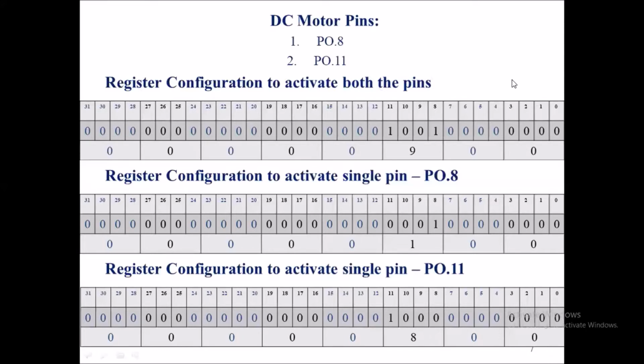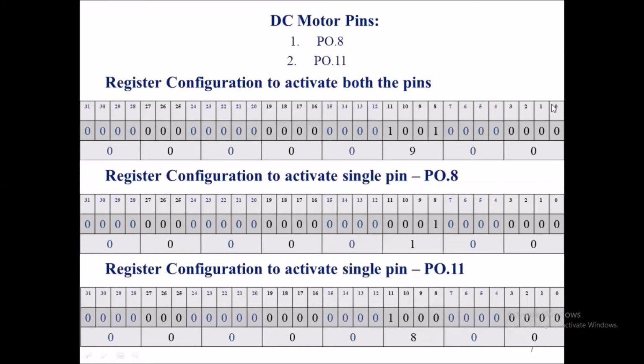What output? The output is nothing but the shaft of the DC motor rotating either in the clockwise direction or in the anti-clockwise direction. That's the output. If we want to get the output, then we need to do the register configuration to activate both the pins, the port 0 8th pin and the port 0 11th pin.